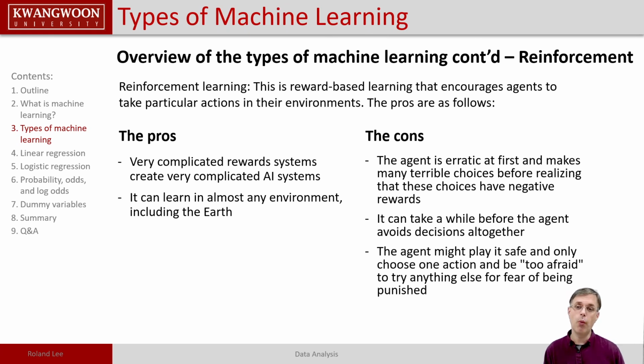It can take a while before the agent avoids such decisions altogether. And agents might play safe and only choose one action and be too afraid to try anything else for fear of being punished. So an agent might be afraid of getting punishment if they do some kind of action or do not do some kind of action.